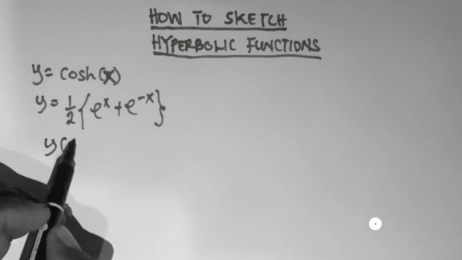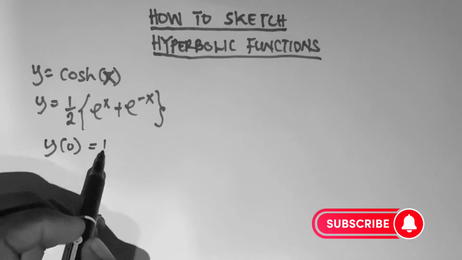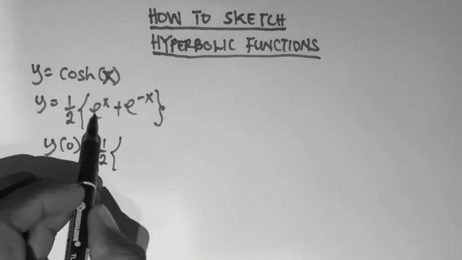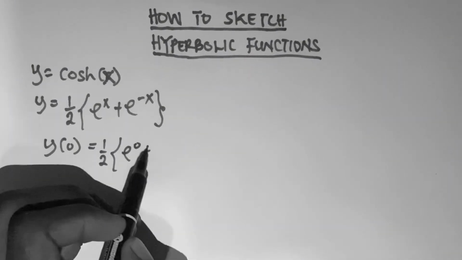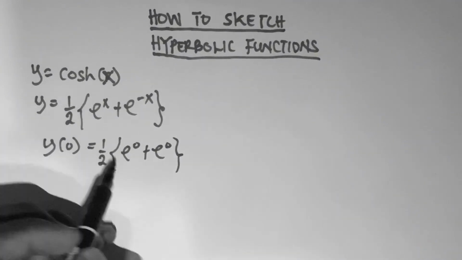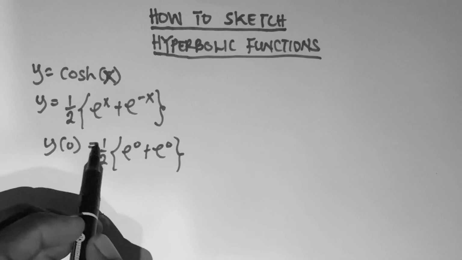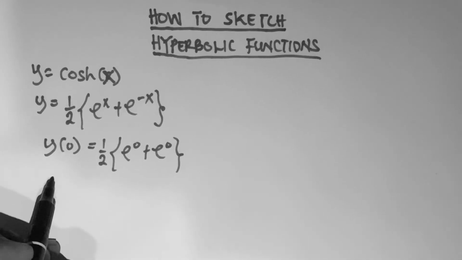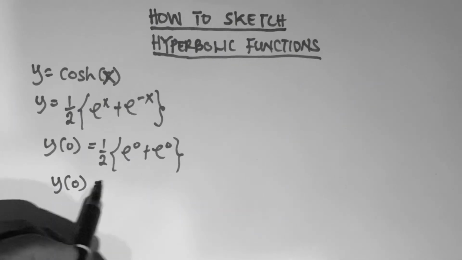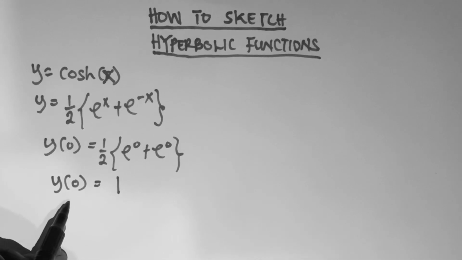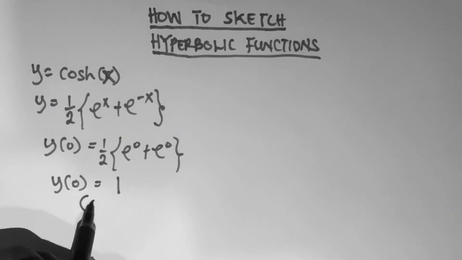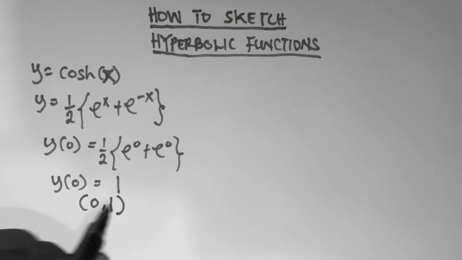So let's find y of 0, and this is equal to half of e^0 plus e^0. e^0 is 1. So 1 plus 1 is 2, and 2 divided by 2 is 1. So y of 0 is equal to 1. So it means that we have a y-intercept at the point (0, 1).